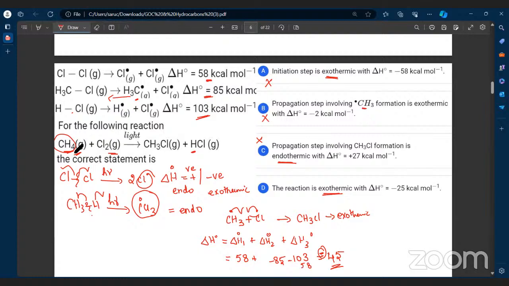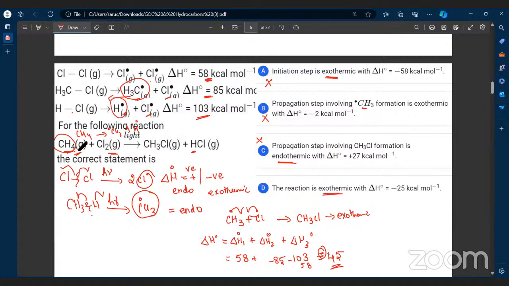CH4 forms a CH3 radical and an H dot radical. For 2 Cl dot you are getting 58. Here 1 Cl dot is moving out and the remaining is CH3 dot, and here too a Cl dot moves out and you have the H dot radical. So you have to subtract it for 1, and then add these together, and you will get it for CH4. Have you got my point?